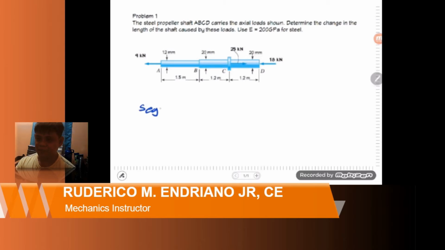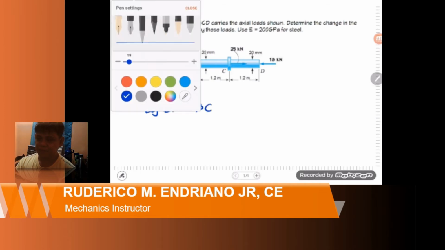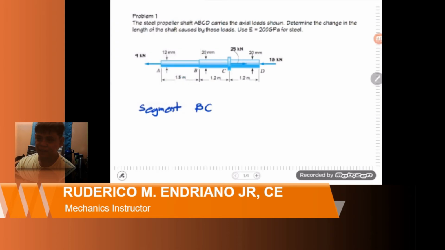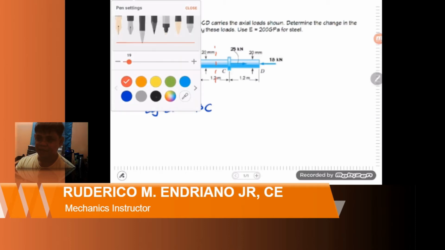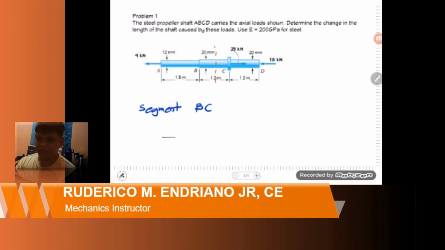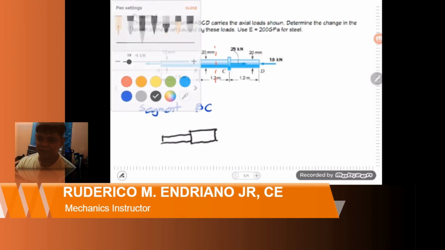Next, we consider segment BC. Again, we will pass a cutting plane between BC, and then extract the free-body diagram by considering either the left or the right portion of the figure. Again, in this case, I consider the left portion.